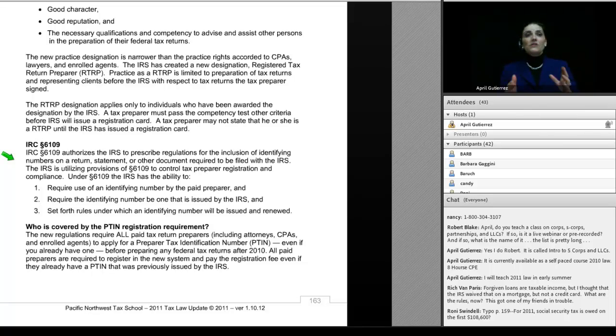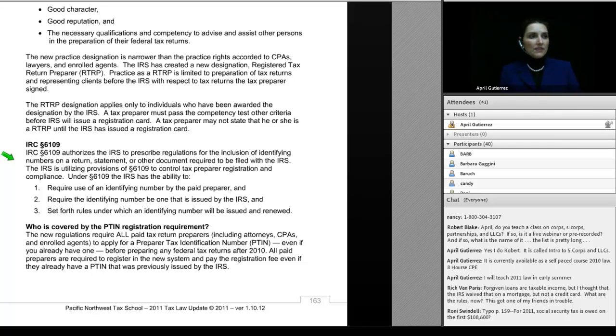But if you're a tax preparer who is not an attorney, an enrolled agent, or a CPA, you have a provisional PTIN. And the rule for keeping your provisional PTIN is that you must pass the IRS competency test by December 31, 2013.